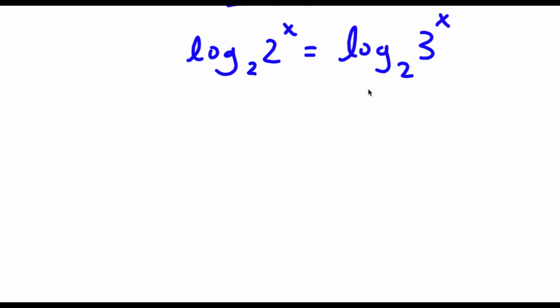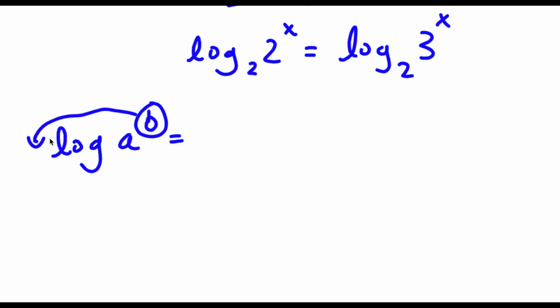Now, an important property of logarithms is that if I have something in the form log a to the power of b, I can actually move this exponent b to the front of the logarithm. So this would equal b times log a. And the reason this property is so important is that, let's say we have the problem 7 to the power of x is equal to 9.